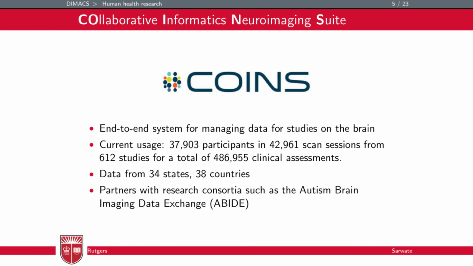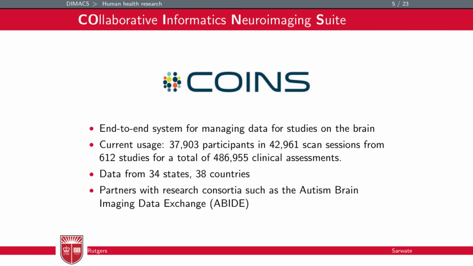My collaborators have this system already, which they call COINS, for managing brain imaging studies. These numbers are now, I don't know, increased by a certain amount from, say, December to now. They have tens of thousands of participants in different scan sessions, from a lot of different locations.